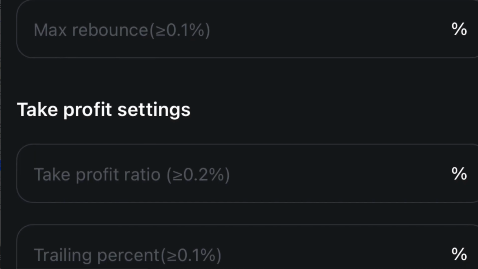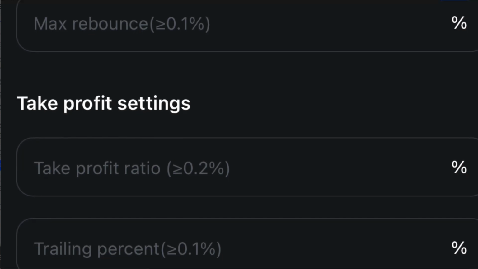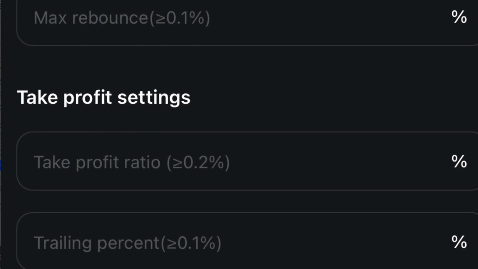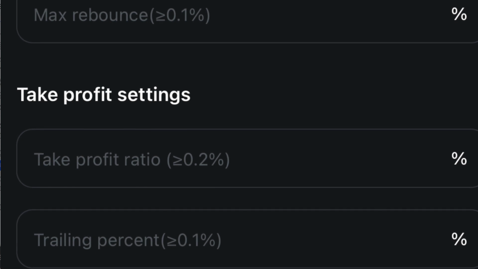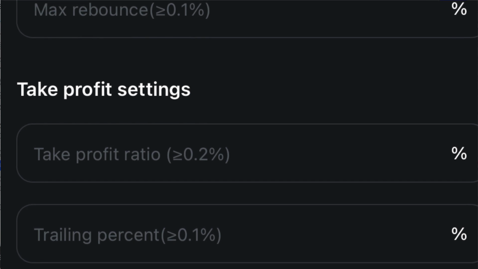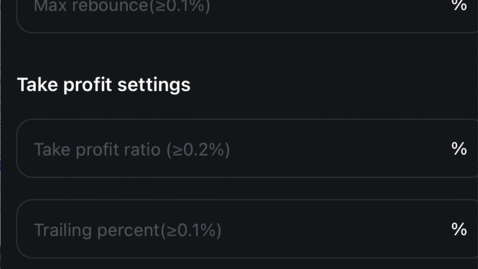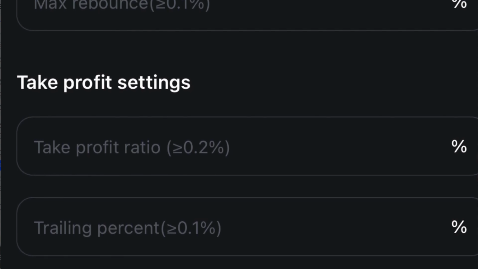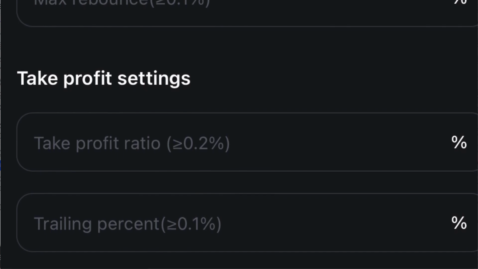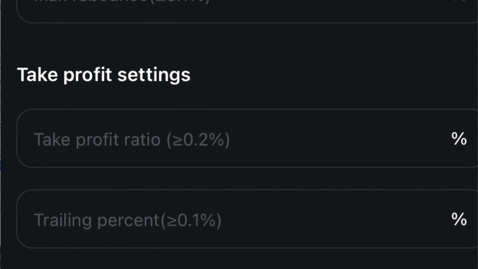There are times when a price just bottoms out. Say the market crashes, like it did back in, I think it was March, going from 50K all the way down to 28K, and you have a lot of potential there. Or say you get on a coin that has amazing news and it shoots off, maybe jumping 100% in a day. The problem with a normal take profit is you will only get that percentage.